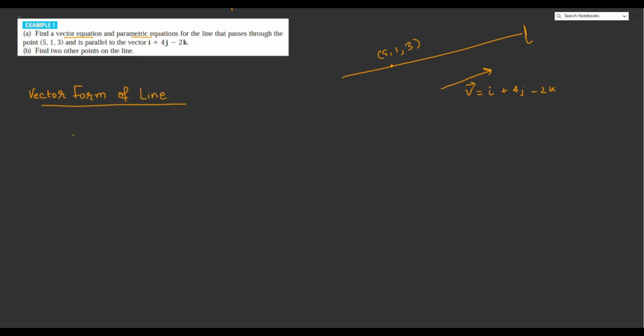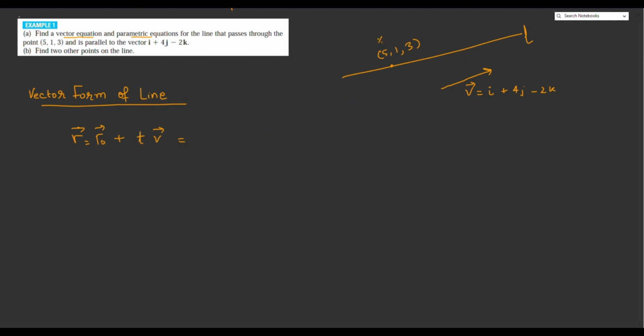From the above, we know that the vector form is given by r = r0 + t v, where r0 is the position vector of the given point, and v is the direction vector. Then we substitute these values here.